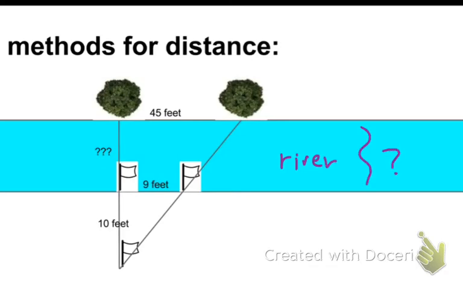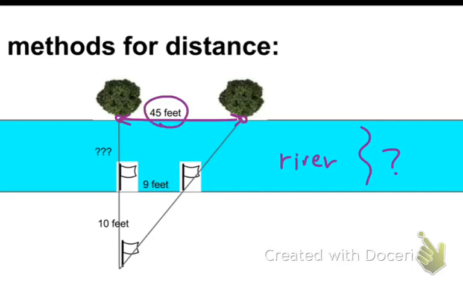And this can be a canyon, this can be a crack in Mount Doom, it can be anything, but we don't know its distance. It's not easy for us to measure the distance. So what do we do? Well, we find two objects on the other side of the river that we know the distance from. In this case, we have two trees on the other side of the river that we know are 45 feet apart.